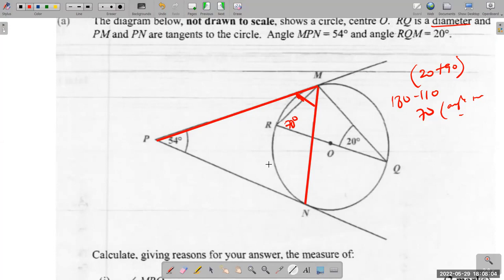Anybody? Let me erase this so you can see what you're looking at.